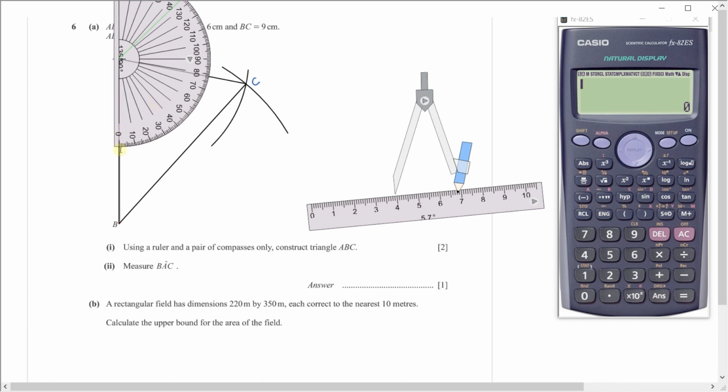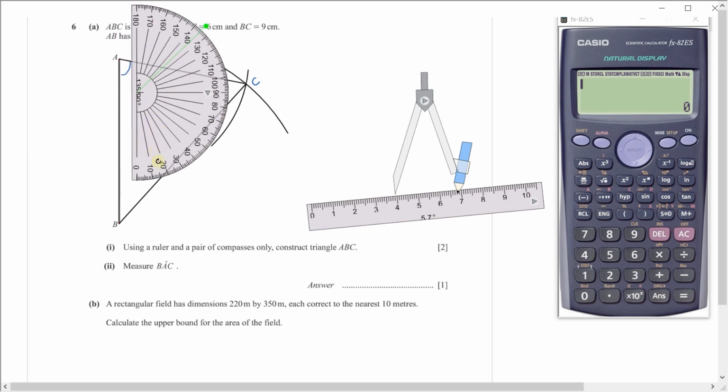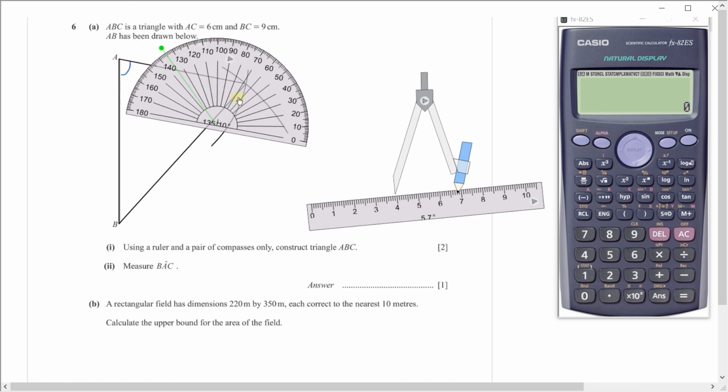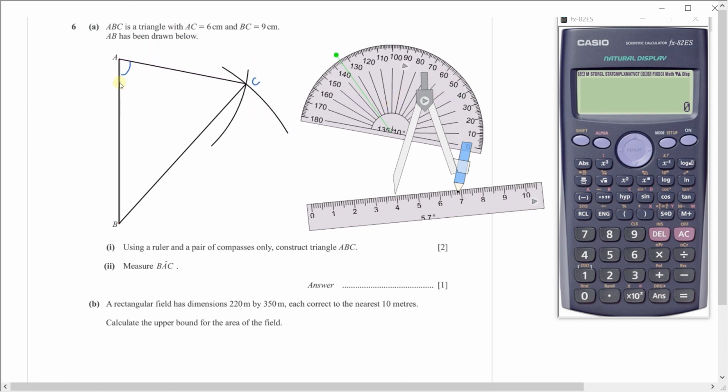I will align my 0 degree with this line AB, and now my angle BAC will be, so this is around 75, 6, 7, 8, 9, almost 79 or 78 degrees. So I'll say it's almost 79. So my answer here will be that this angle here is 79 degrees. So that's how you will draw this triangle first and then measure the angle.